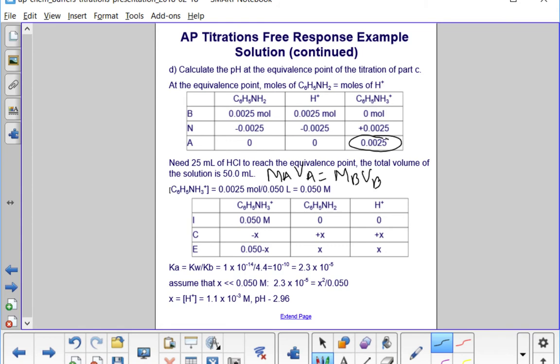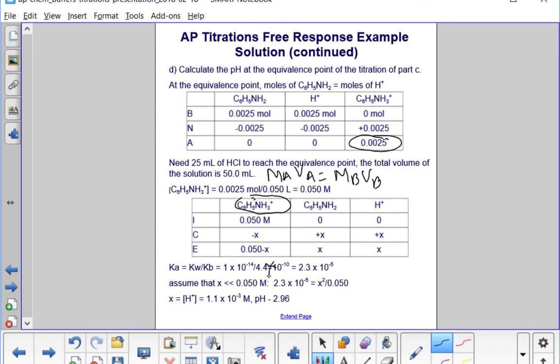So we decrease that by an amount x and increase the other two by that same amount x, and we can solve. We know Kb, which we calculated in part B, but we need Ka here because this is the conjugate acid. So Ka is 1 times 10 to the minus 14 over the Kb, 4.4 times 10 to the minus 10, which is 2.3 times 10 to the minus 5.